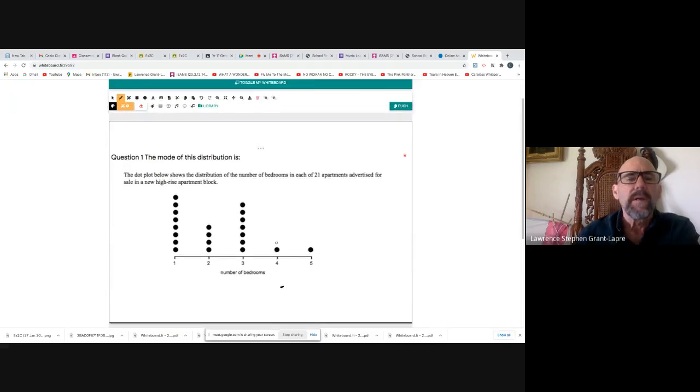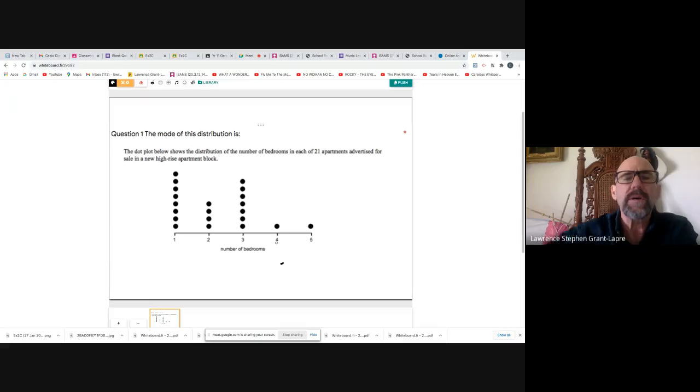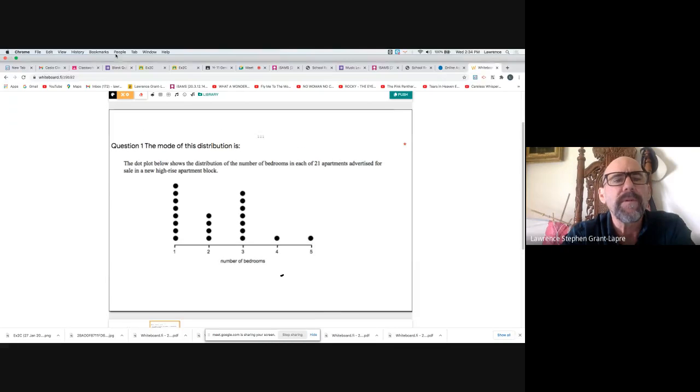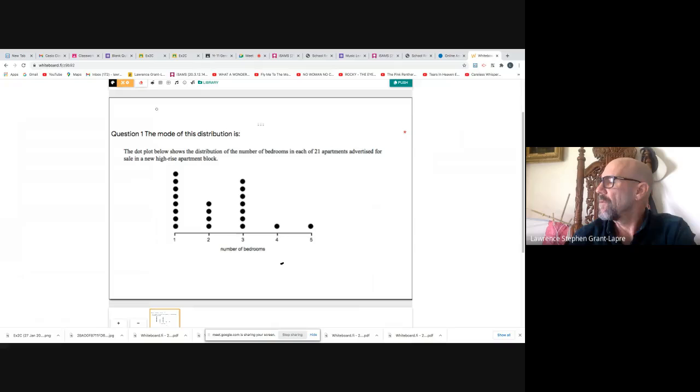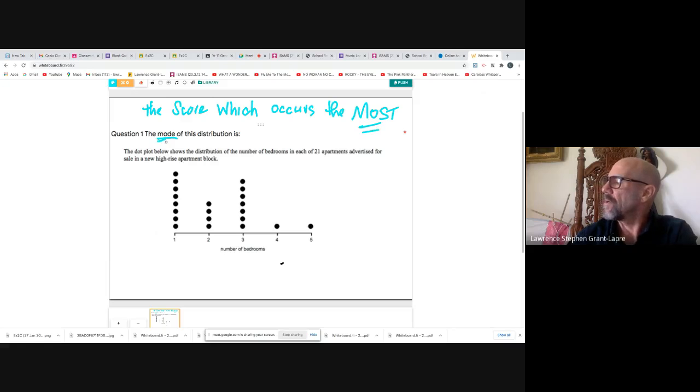So the first question was asking for the mode of this distribution. So the mode, what is mode? The mode is the score which occurs the most. So MO, okay?